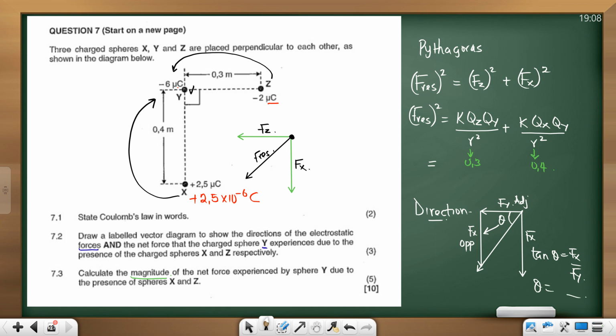That is if the examiner wants direction. But in this case, they asked for magnitude. And that's how you walk through, guys. Whether it's linear, whether it's a 3D, which is your 90 degrees, same story. Please, free body diagram is the key.